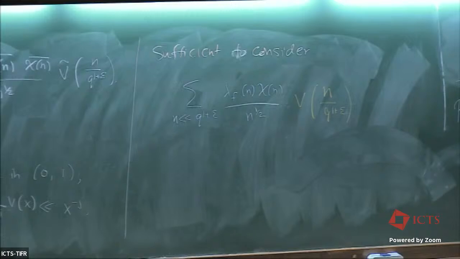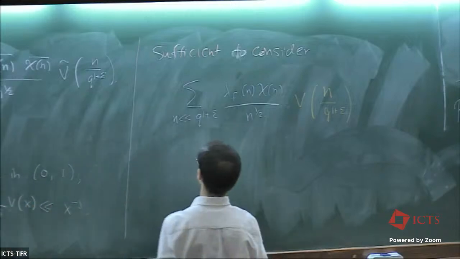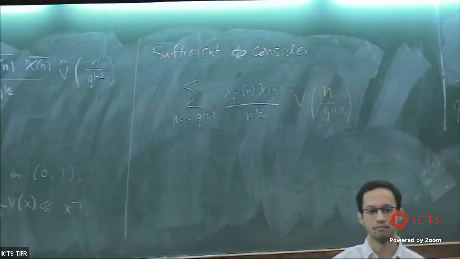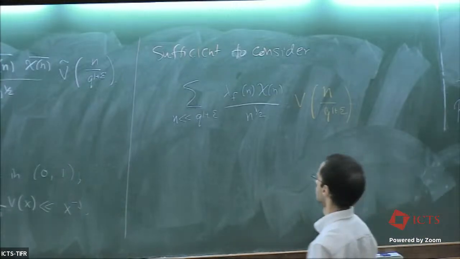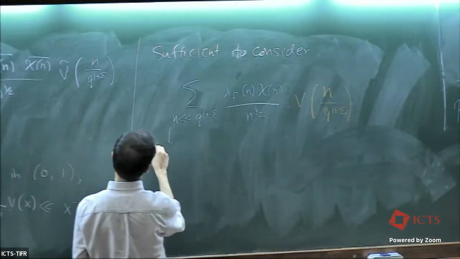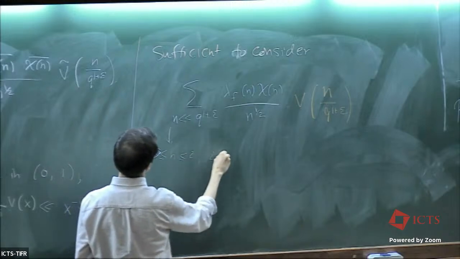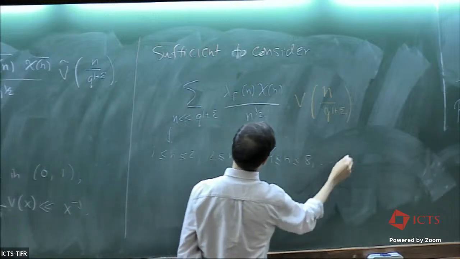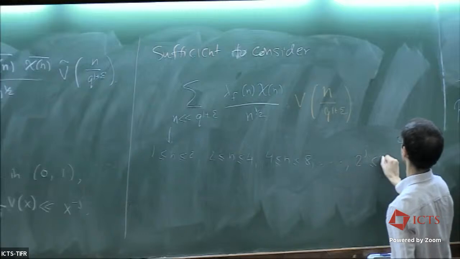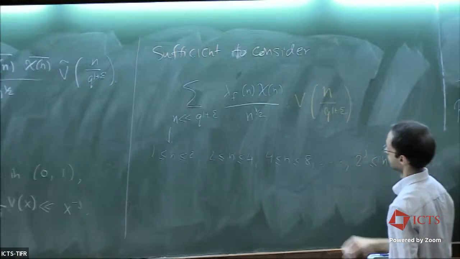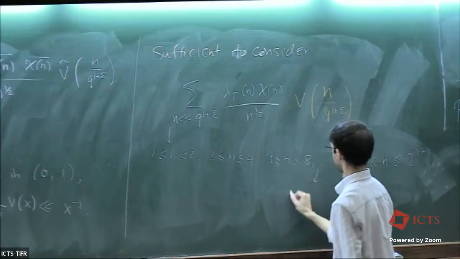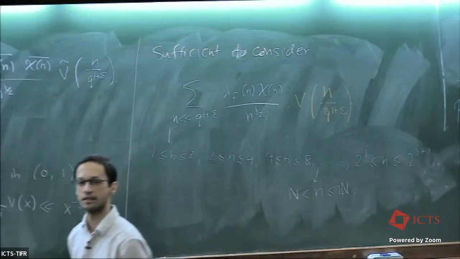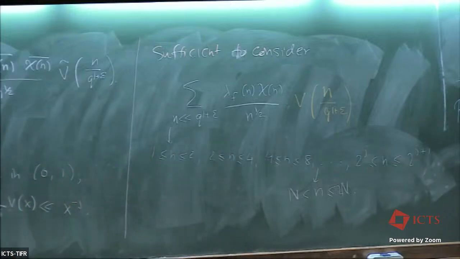Okay? And the second thing you can do here is that, as you saw in the previous lecture for looking at the S3 sum, you had dyadic partitions. So what you can do is over here, you can partition n going from 1 to 2, then 2 to 4, then 4 to 8, right? Something like this. 2 to the j to 2 to the j plus 1. So in the middle, there is a segment that goes from some big N to 2N, right?